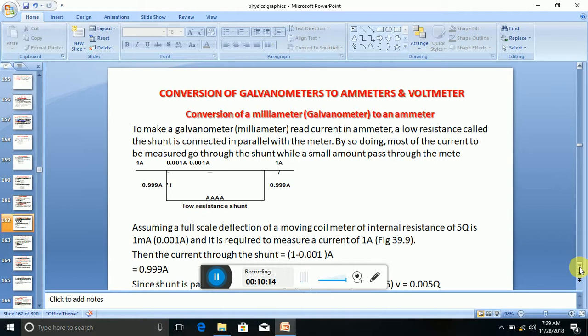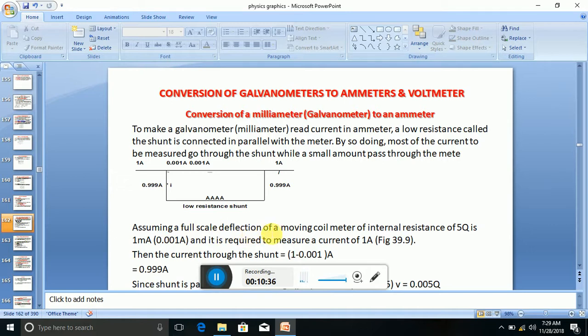By so doing, most of the current to be measured goes through the shunt, while a small amount passes through the meter. So this is the low resistance connected, and this is the shunt. So most of the current passes through here, and a lesser current passes through here.